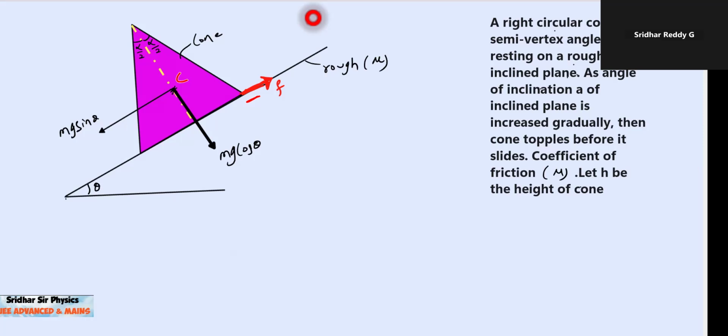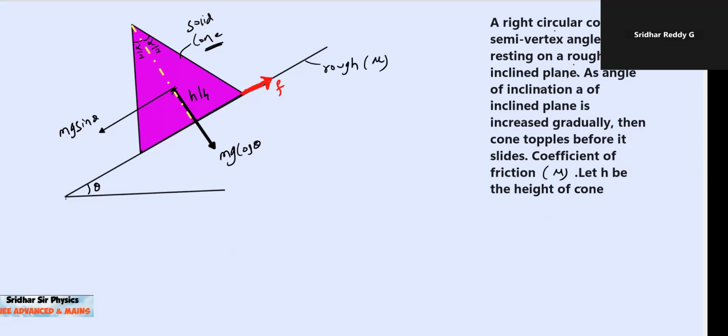What is the total height of the cone? Total height of the cone is h, given, this h. So what should be the height of the center of mass of the cone? Solid cone, h by 4. Hollow cone, if it were, it would have been h by 3.